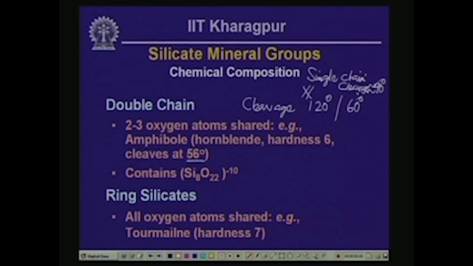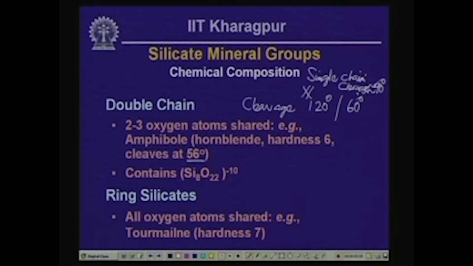So, single chain minerals, if you break them apart, give almost orthogonal cleavage planes, but in the case of double chain you will have cleavage planes oriented with respect to each other at 120-degree or 60-degree angles.